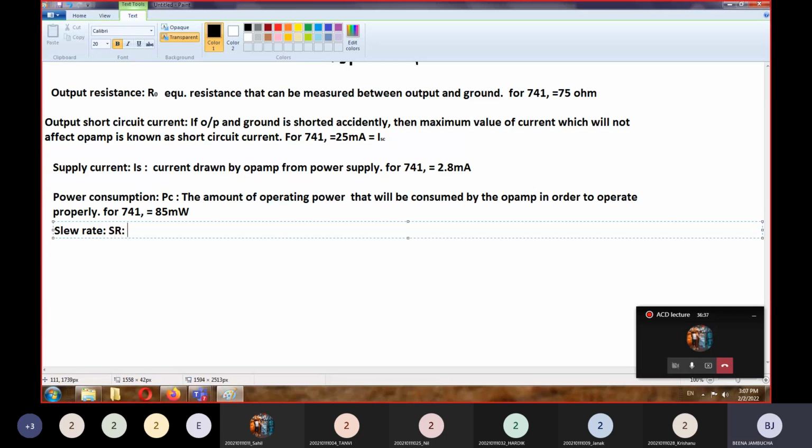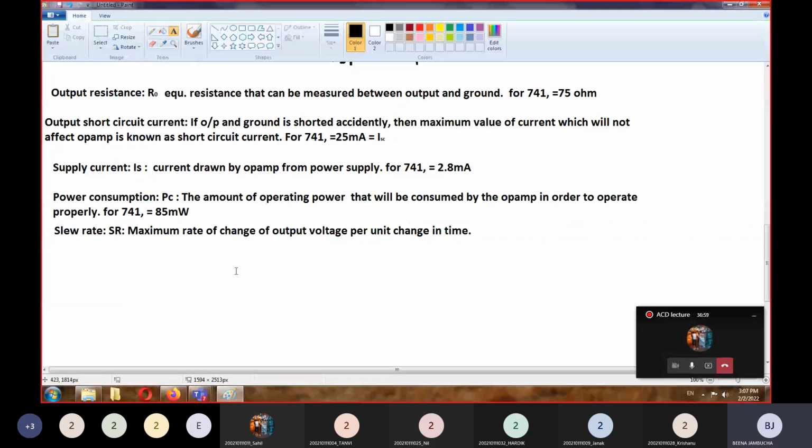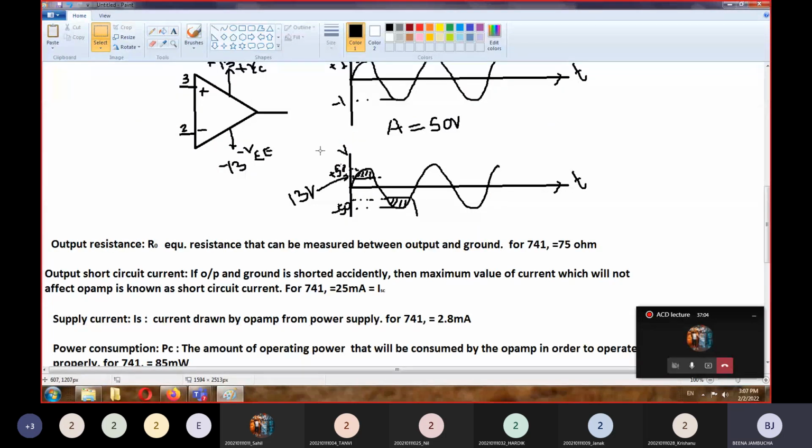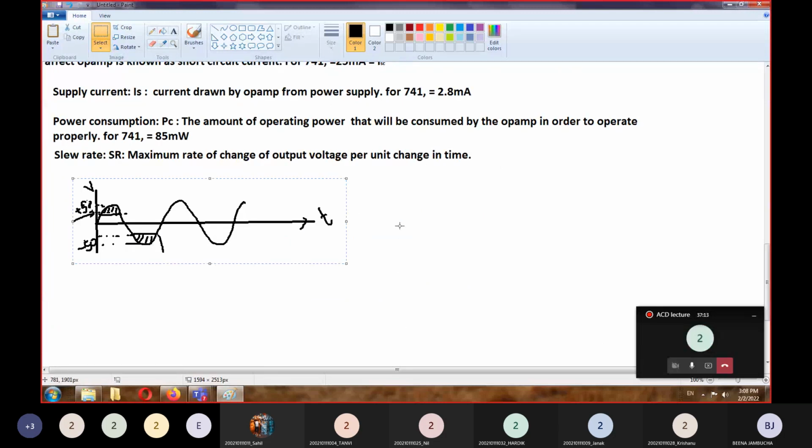Slew rate is also written as SR. It is the maximum rate of change of output voltage per unit change in time. If this is our output, then if we consider this time to be 1 unit, the change in the output voltage in that 1 unit of time is known as slew rate.